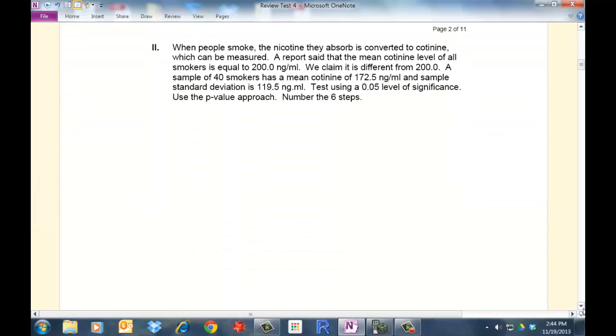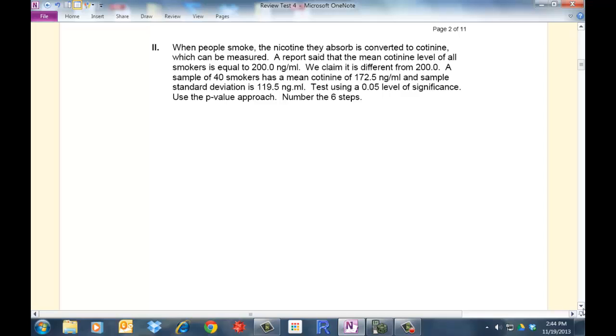Okay, so let's try question 2. It says when people smoke, the nicotine they absorb is converted to cotinine, which can be measured. A report said that the mean cotinine level of all smokers is 200 nanograms per milliliter. We claim it is different from 200.